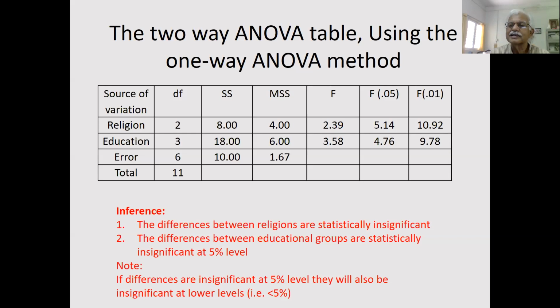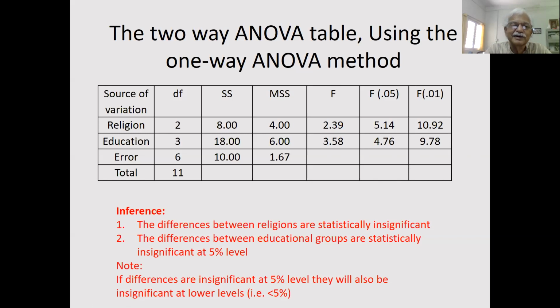Now, friends, the mathematical theory of two-way analysis of variance would say, yes, first of all, let me point out the difference. The difference between one-way and two-way analysis of variance is that the error term's degrees of freedom and sum of square have been computed after computing degrees of freedom and sum of square separately for all the independent variables.